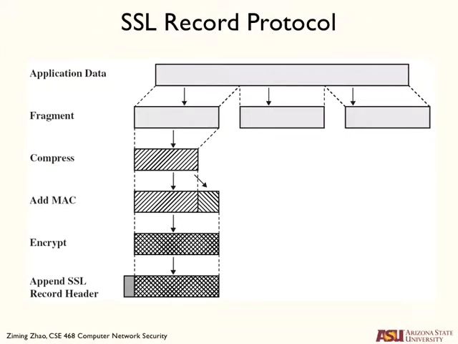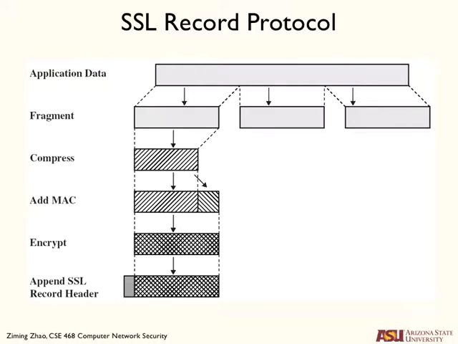We talked about the Handshake Protocol, and the SSL or TLS Record Protocol is the underlying protocol in TLS to send the messages out. If we have the application data, which could be your web page, this application data is first fragmented into several segments. Then TLS, like we discussed before, can also compress them.